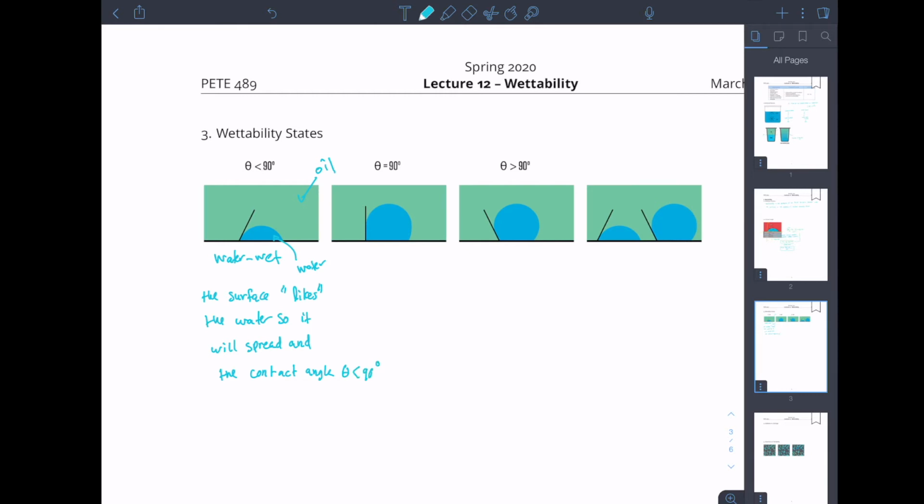So that's the first concept. And one of the things that you can see is that the tissue paper or the towels that we use should be all water wet because they're absorbing water because they like the water.